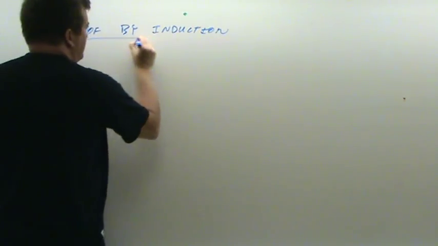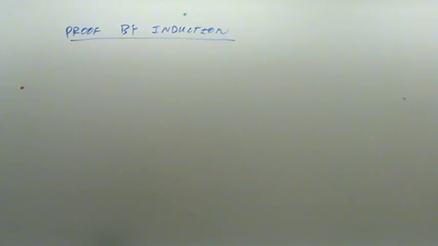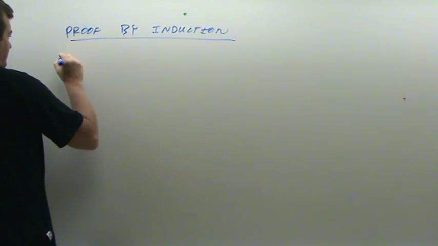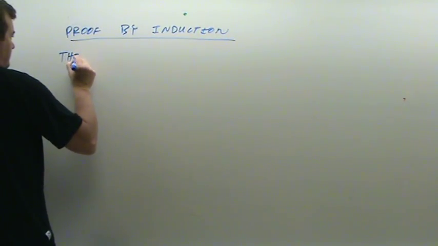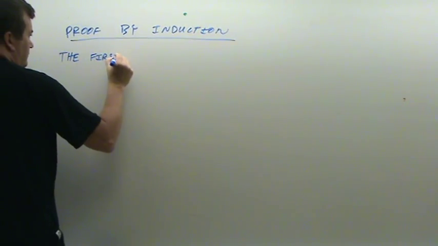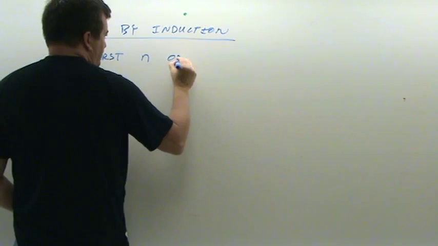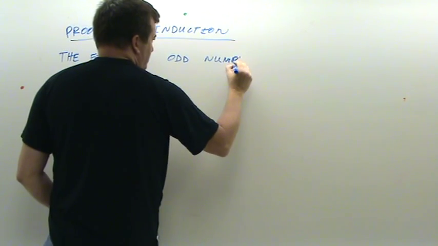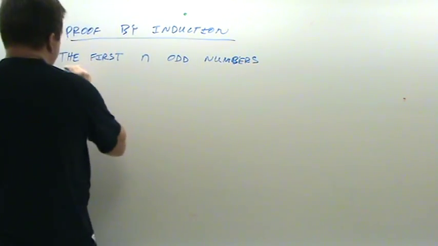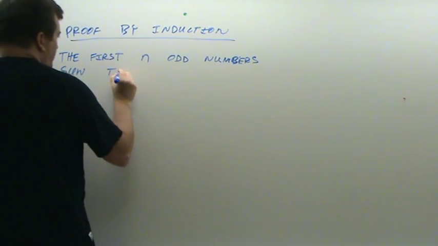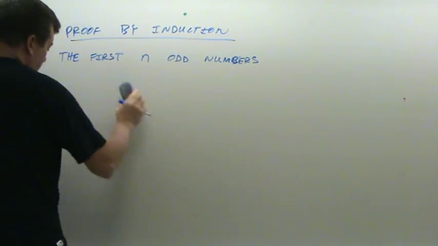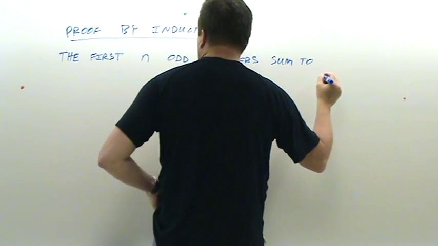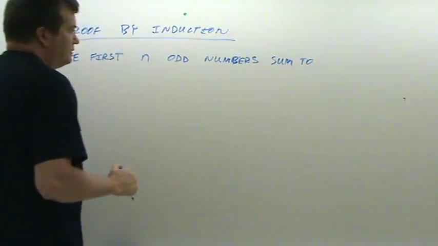Okay, so suppose somebody observed a pattern but wasn't sure if it was always true. Let's say, for example, somebody wanted to ask what the first n odd numbers sum to.